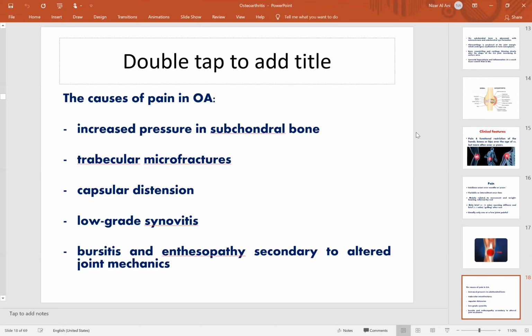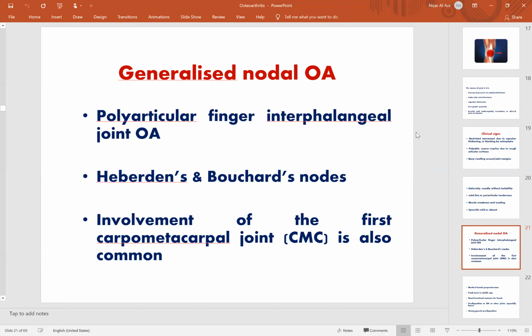Now, we will talk about a special entity of osteoarthritis called generalized nodal osteoarthritis. From the name generalized, it means that it affects more than one joint, multiple joints, so it's polyarticular. Fingers are mainly involved, the interphalangeal joints of the hand.